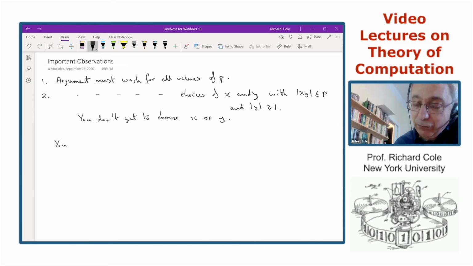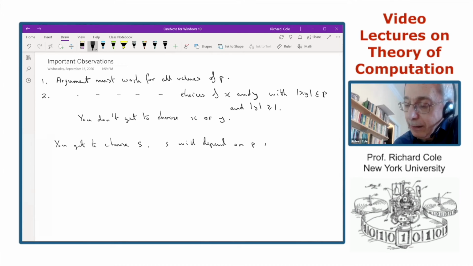You get to choose S. Now let me note that S will depend on P, but otherwise is fully specified.